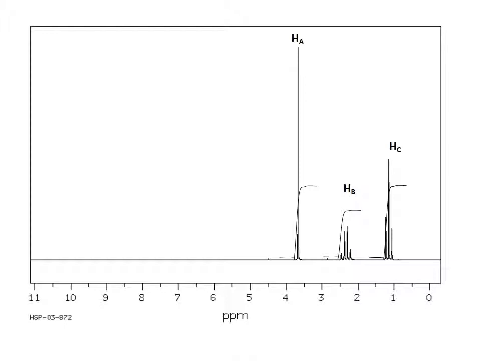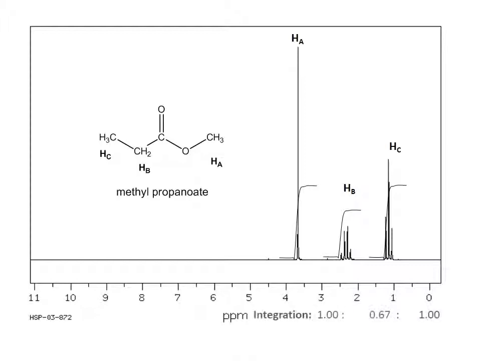Okay, let's go back and look at the proton NMR spectrum of methyl propanoate again, but this time instead of looking at the chemical shifts, we're going to look at the integration of each of the sets of unique protons. As you can see, the integration shows a ratio of 1 to 0.67 to 1.